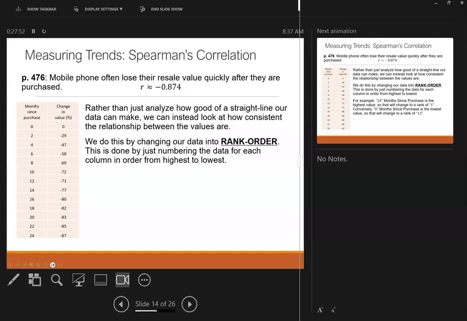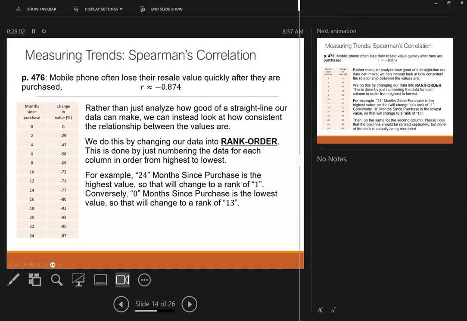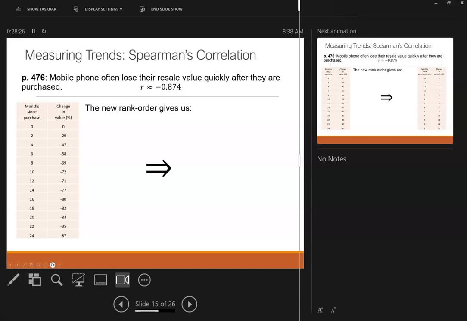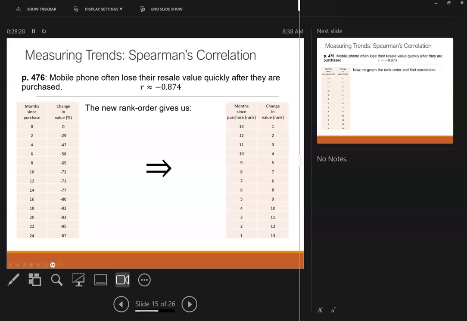And then here would be 1, 2, 3, 4, 5, and so on, because 0 is the biggest value. So 24 becomes 1, and 0 becomes 13. And we do the same in the other column. So 0 becomes 1, and then -87 would become 13. So what we have then is this data set.